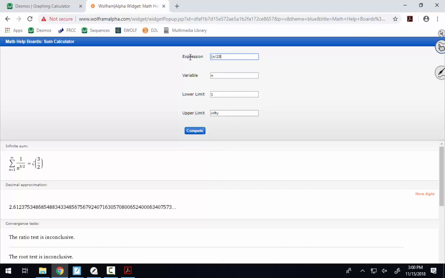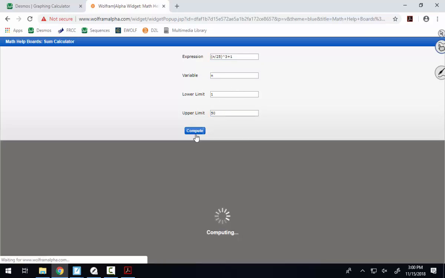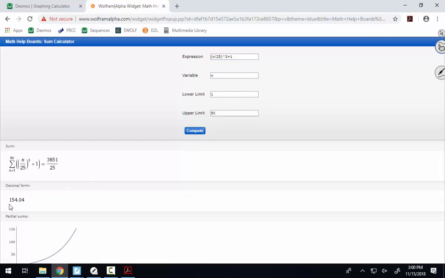Over 25 cubed plus 1, to 50. Oh, there it is. Decimal form: 154.04.